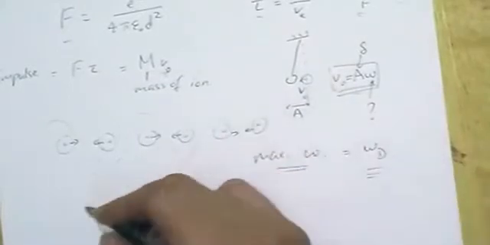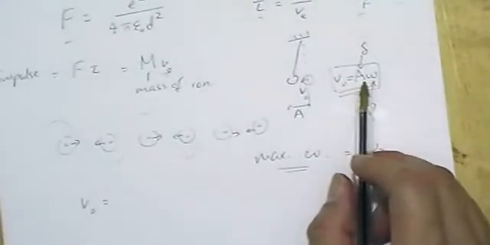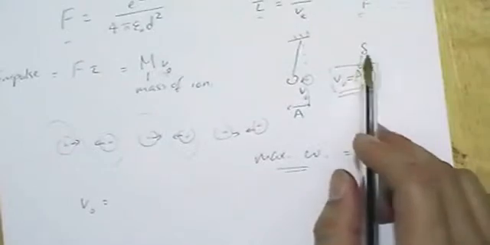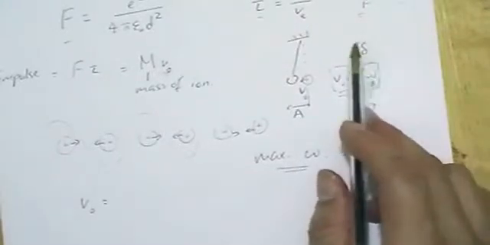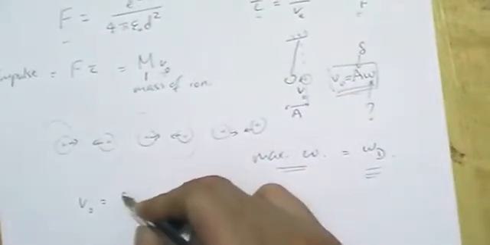V0 is the initial velocity of the ion attracted by the electron. Amplitude would be the delta, the maximum displacement of the ion.